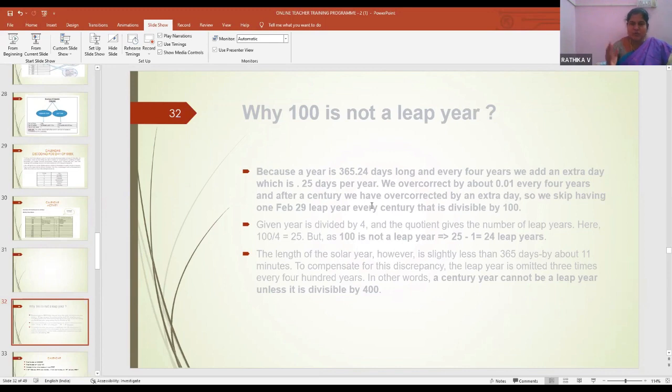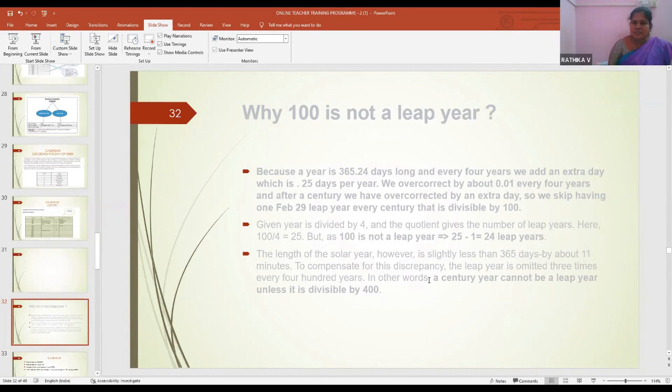So every 4 years we are adding one complete day, and along with that some more hours. Every 100 years, those additional hours together are considered as 1 day, and that is removed from the leap year. And so 100, 200, 300 are not considered leap years.